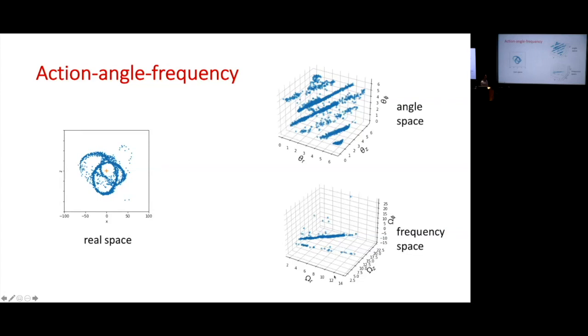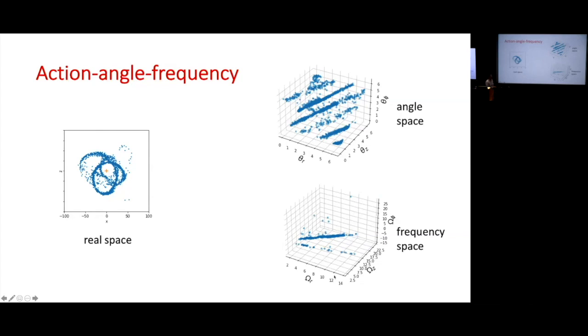In this case, we can represent the stream in real space on the left-hand side, in projected X versus Z. This is a very long and convoluted stream. Assuming a potential, we can do a canonical transformation from the real space on the left-hand side to the action, angle, and frequency space on the right-hand side.